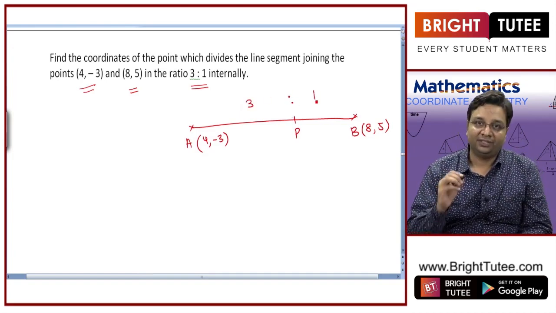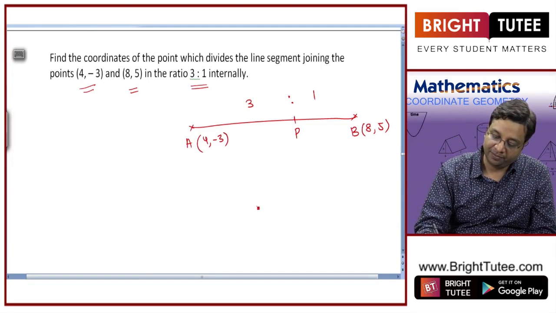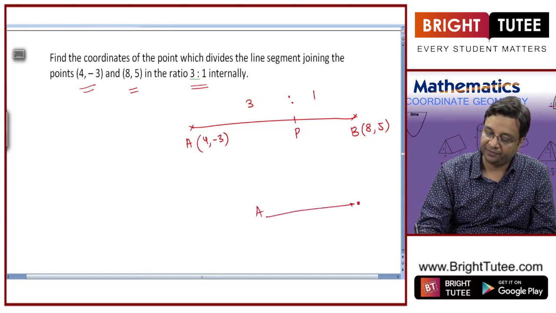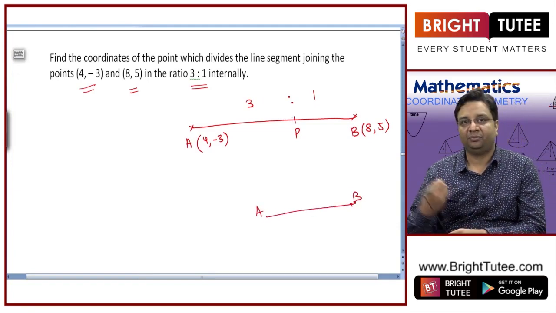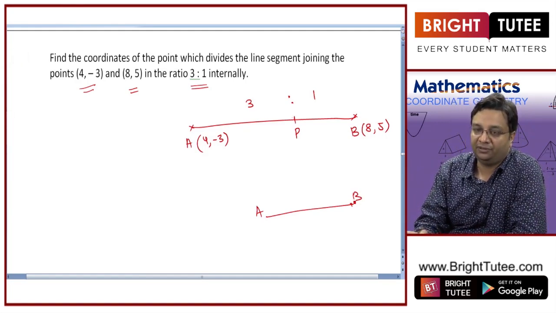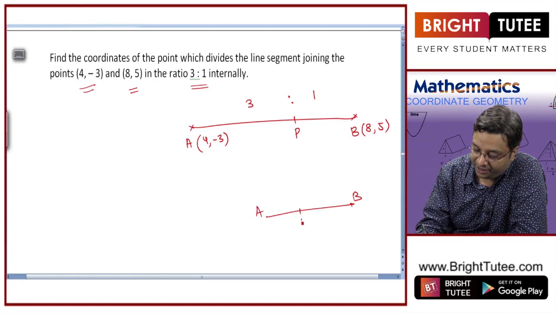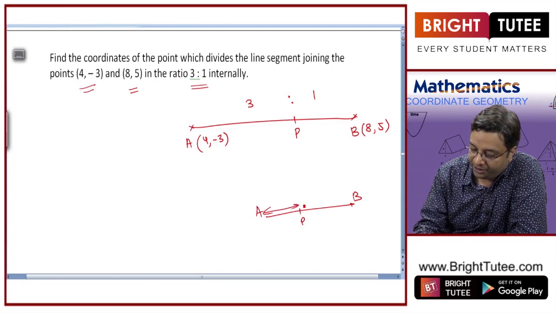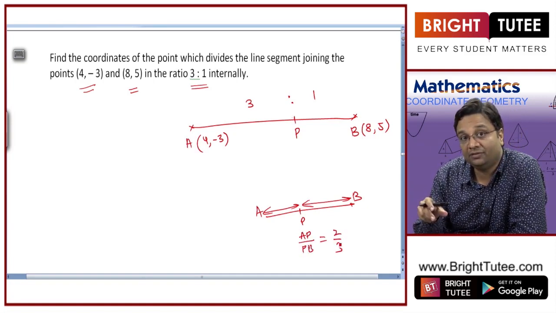Whenever we say, let us say this is line segment AB, when we say that point P is dividing AB in ratio 2:3, it will always mean that AP is to PB is 2/3. AP by PB is equal to 2/3, and not the other way around.